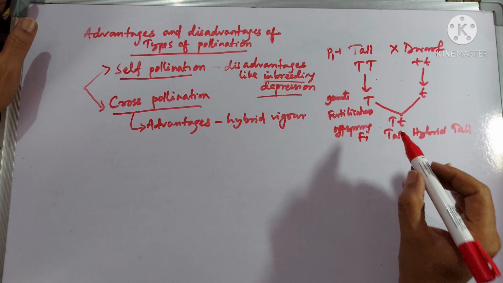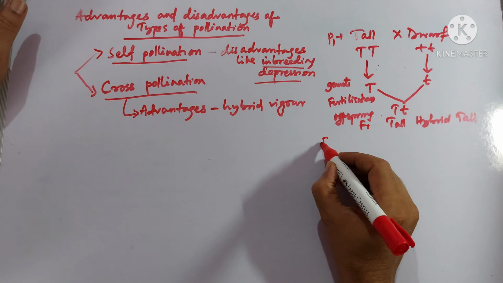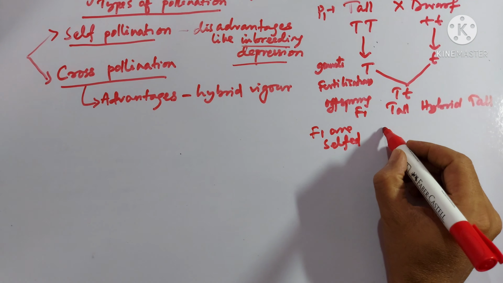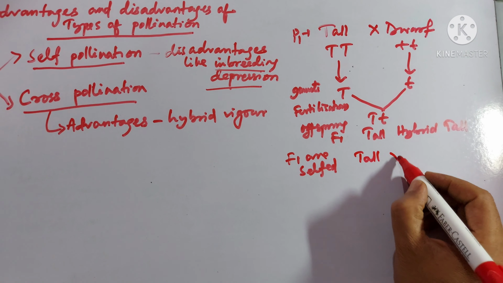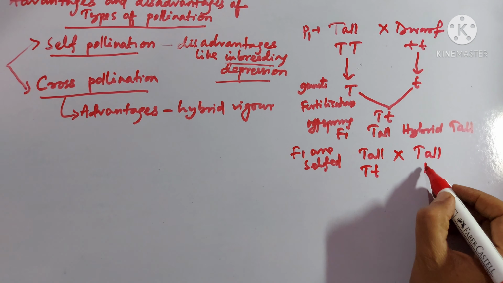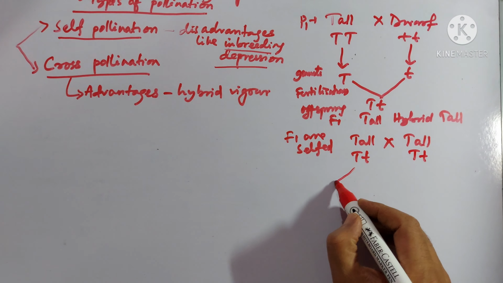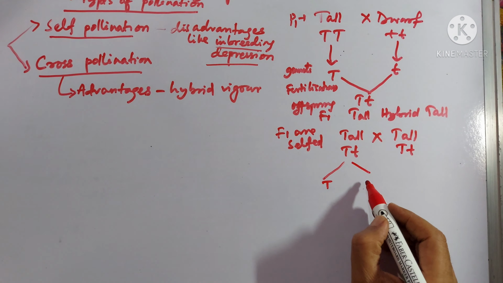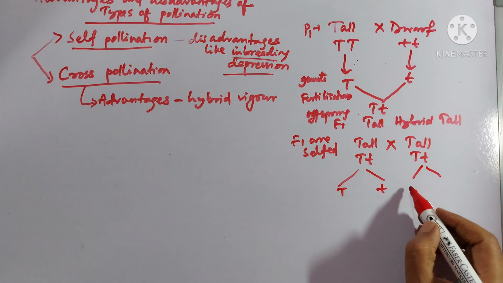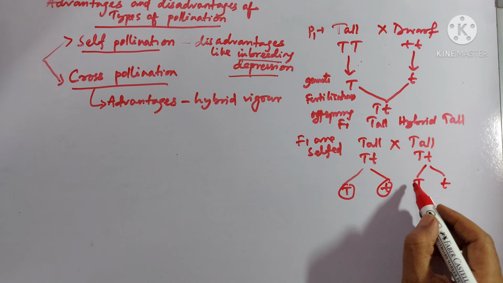So when these F1 are selfed, means self pollination, that is tall, capital T, small t, then what happens? The gametes are formed and there is random combination.